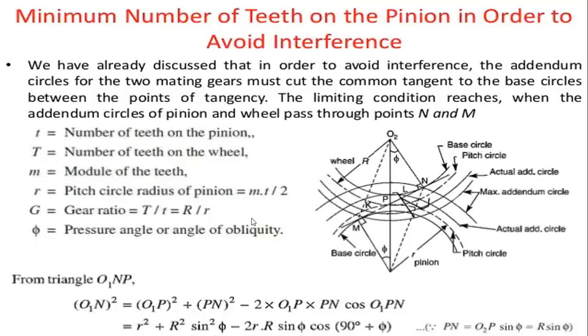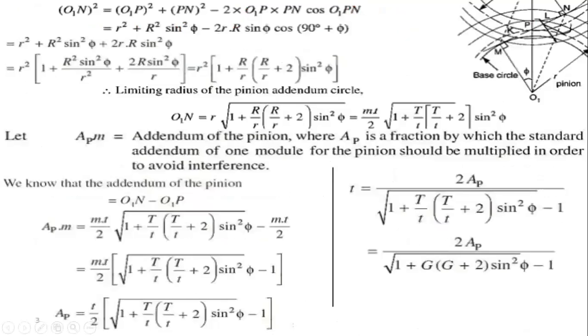Now we are going to take the other one also. So this is the equation to be found for the interference of the gears. Whenever we take this equation, you are going to find all these values.